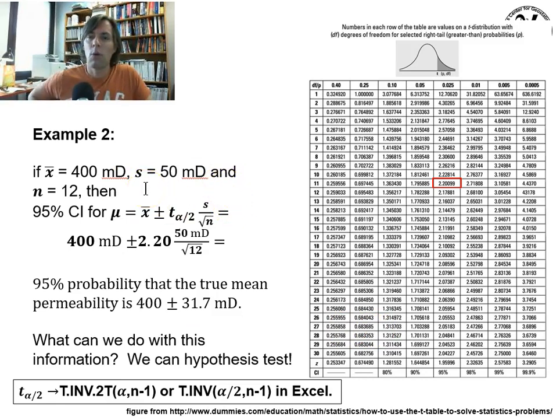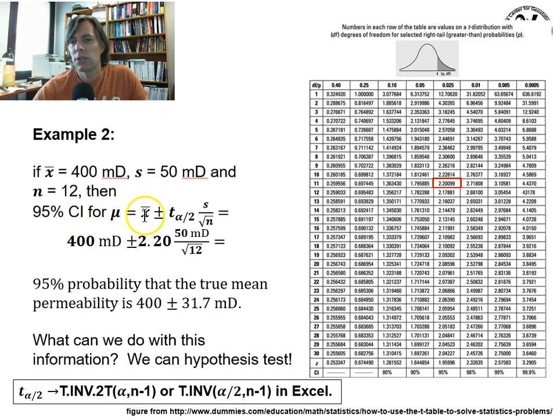Here's another example. In this example, we have permeability values. 400 millidarcies was the sample mean of permeability. The sample standard deviation was 50 millidarcies, and we had only 12 samples. We can go ahead and substitute this into the equation. So what is the confidence interval for the mean?